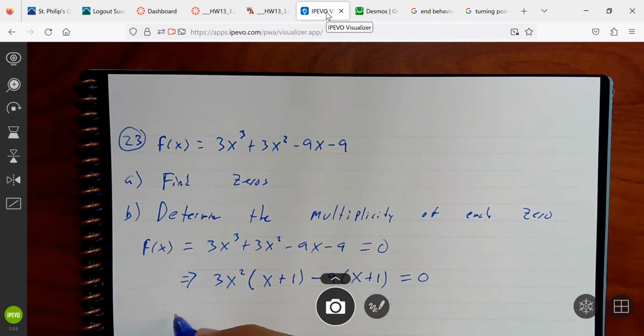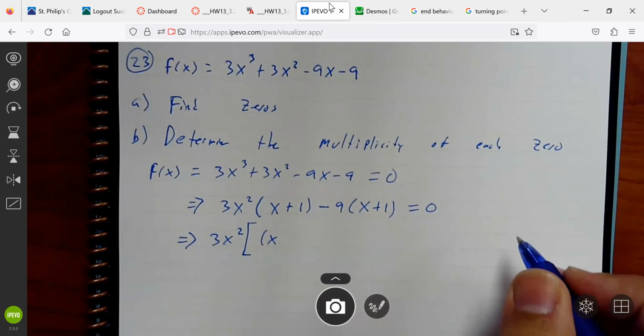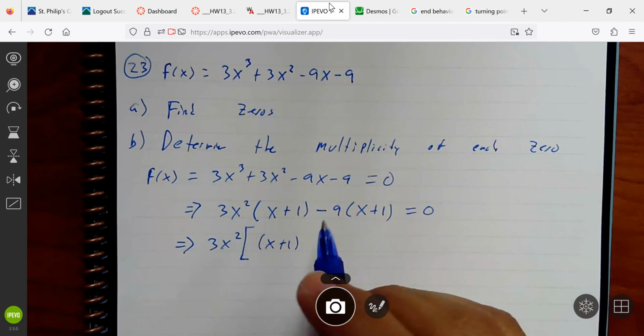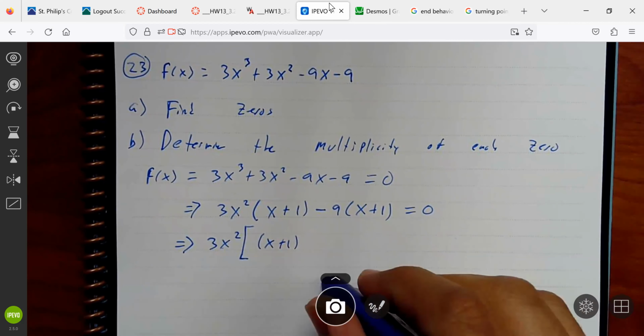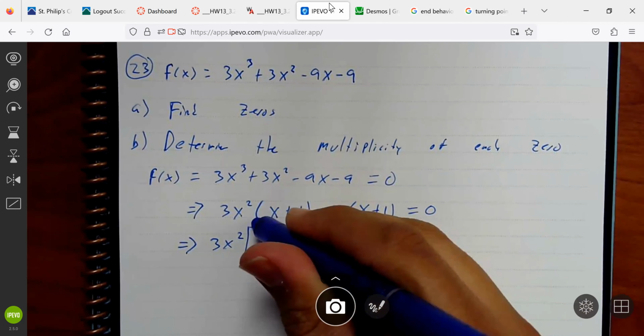So now we got 3x squared, put some brackets so I don't confuse myself. Factor x plus 1 from, whoops. Dang it.